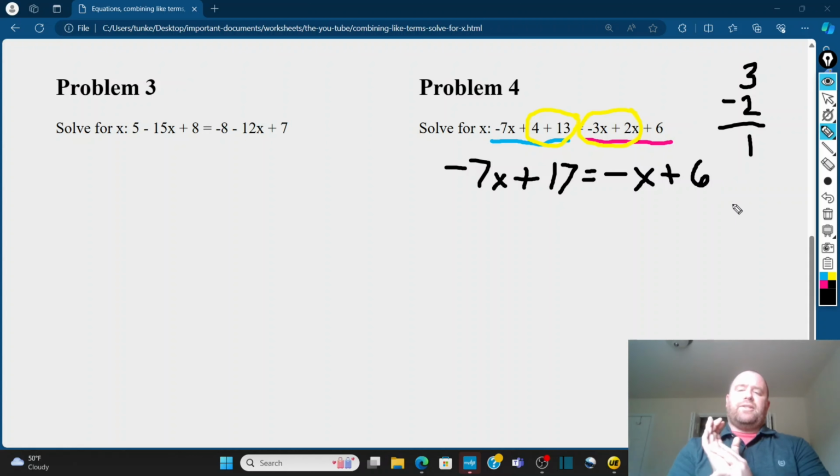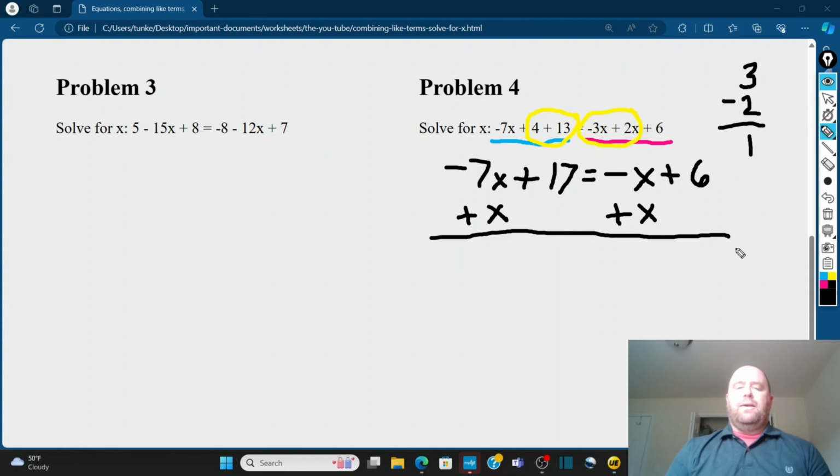Okay, I'm going to move the x's over to the left-hand side. It's what I like to do, but you could put them on the right if you want. So I'm going to add 1x to both sides. When we have negative 7x plus 1x, well, we do 7 minus 1, which is 6.